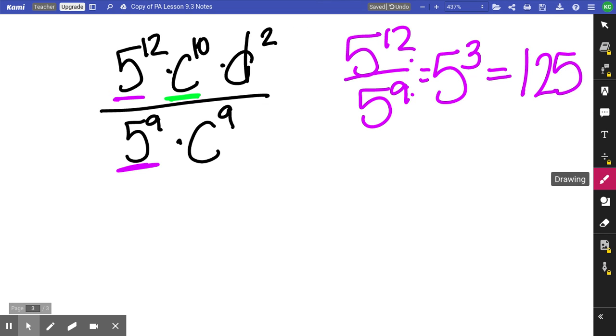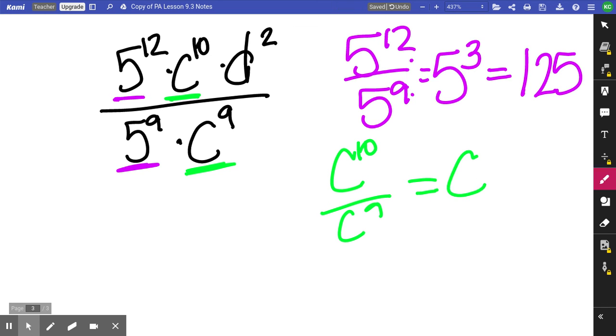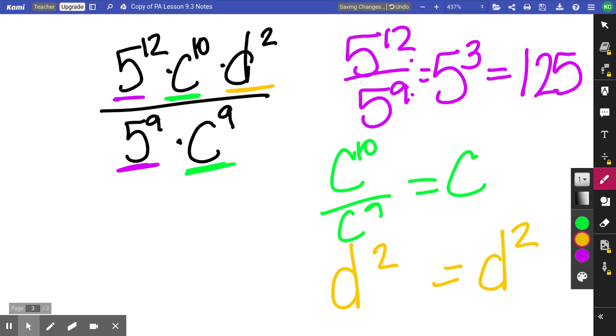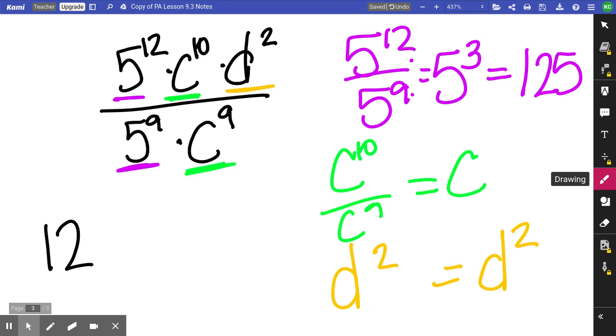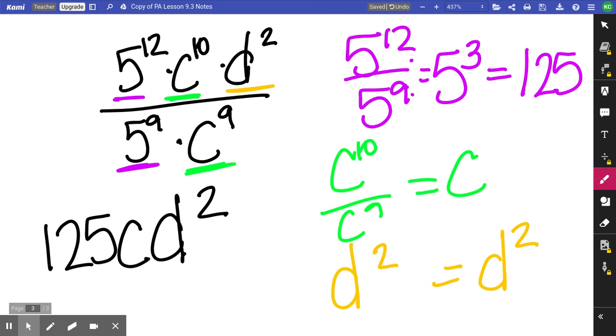So I have C to the 10th and I have C to the 9th. So C to the 10th minus C to the 9th is just C. 10 minus 9 is 1, so that gives us C. And now I have just a like base of D all by itself. So D to the second is going to stay D to the second. So now if I rewrite this, I'm going to say 125 C D to the second.